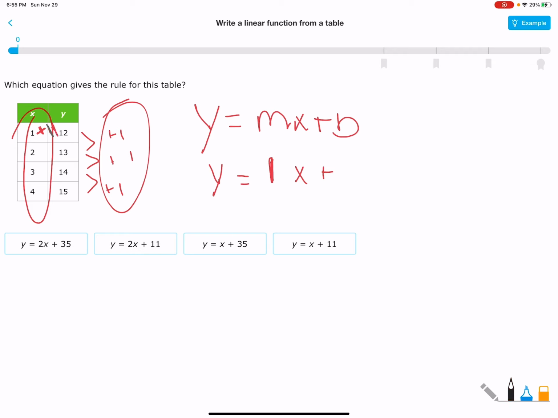We add 11 to get 12. 2 to 13, we add 11. 3 to 14, we add 11. So our b is the number we add to get to our y. Our equation is y equals x plus 11. We don't actually need this one.